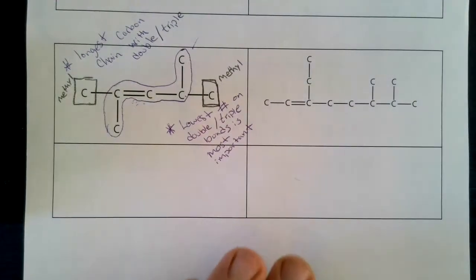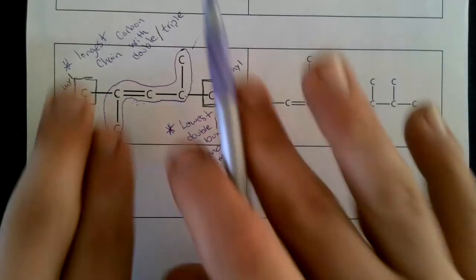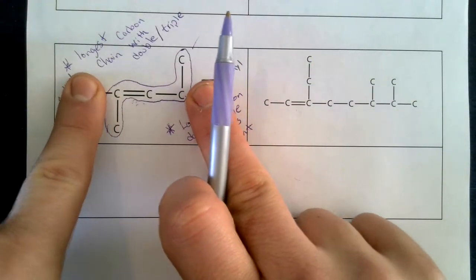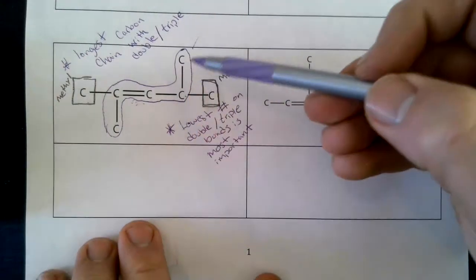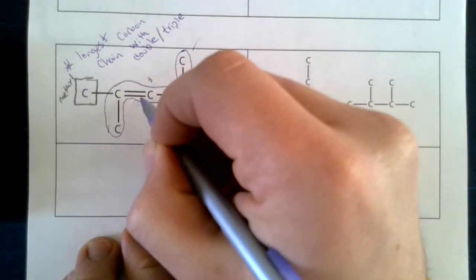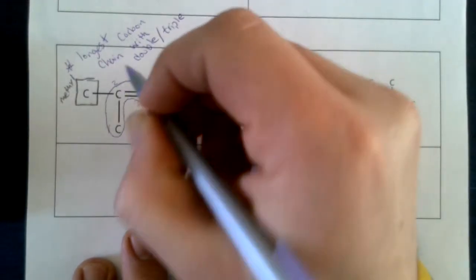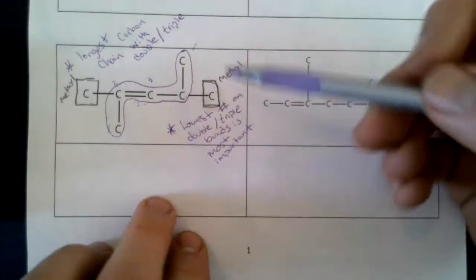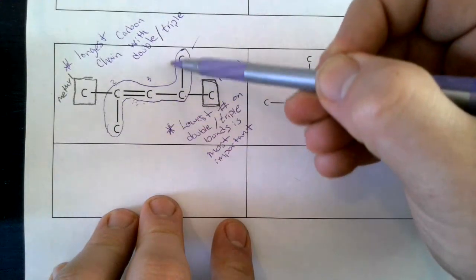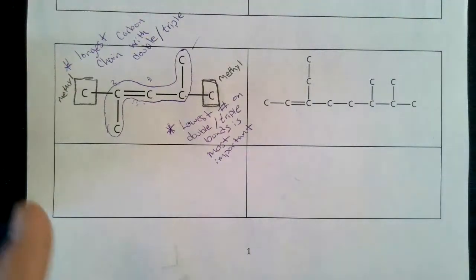Meaning the number is dictated by where the bond is. And forgetting about there being branches right now, we count out 1, 2, 3. There's a double bond after the third, if I count this way, or 1, 2, and there's a double bond after the second. So there are 2 ways to approach any chain, but the key is the double bond has to have the lowest numbering.